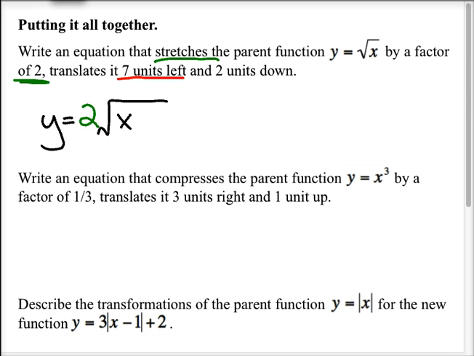So something that is going left, you actually use a positive for. Then 2 units down, that is a vertical translation. So for that vertical translation, 2 down, at the end of my function, I'm just going to put a -2. And now I have my function written for all of the transformations.